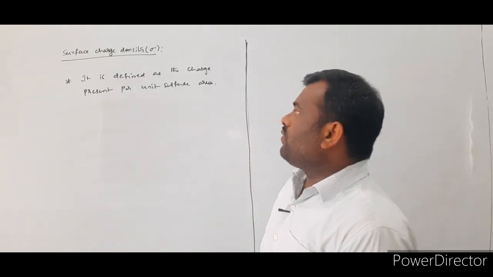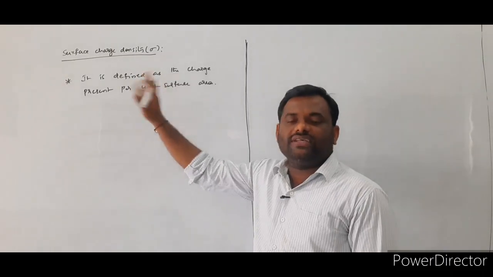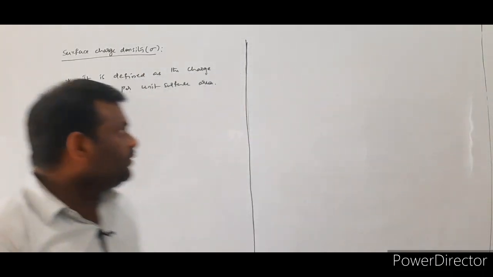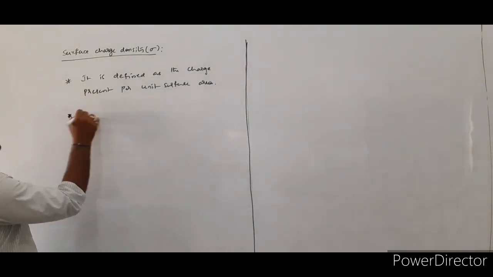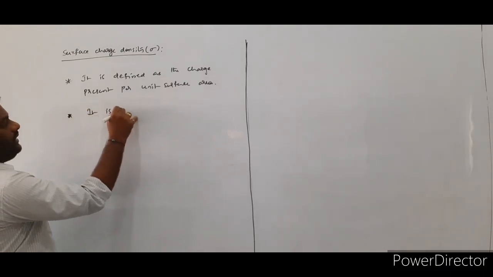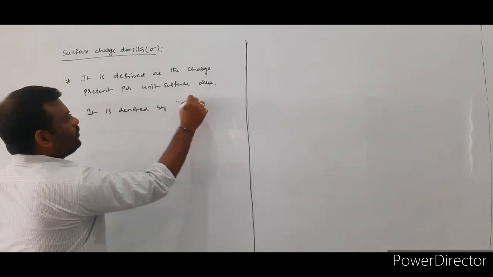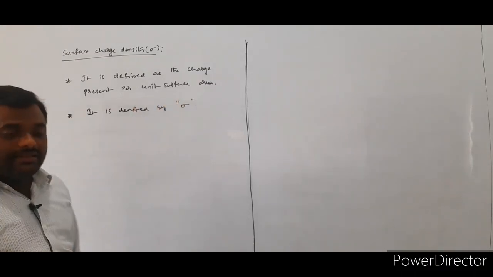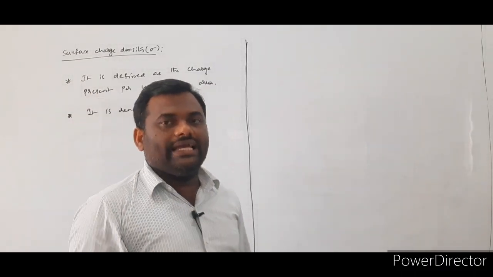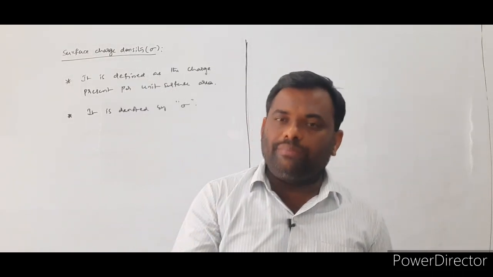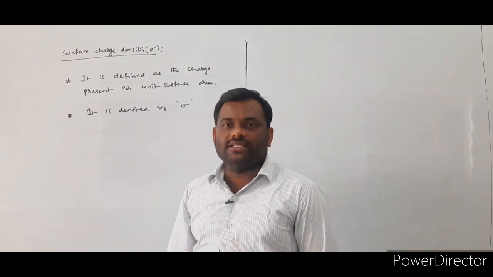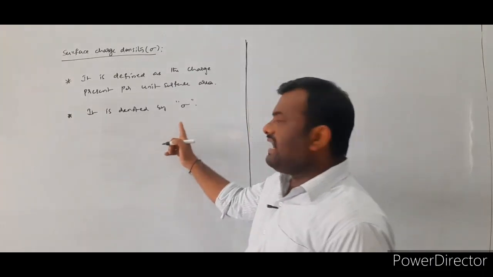Such a physical quantity is called surface charge density. It is denoted by sigma. In the case of linear charge density, it is denoted with the symbol lambda, but in the case of surface charge density, it is denoted with the symbol sigma.